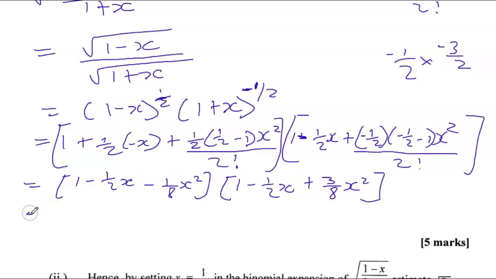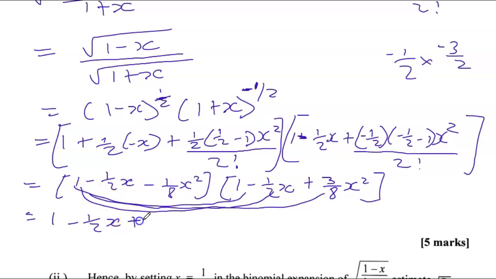Let's do the expansion now. We take the 1 and multiply it by each term in the second bracket. 1 times 1 is 1. 1 times negative half x is negative half x. And 1 times 3/8 x squared is 3/8 x squared. Let's expand now by the negative half x.